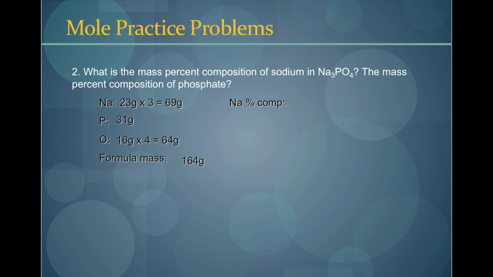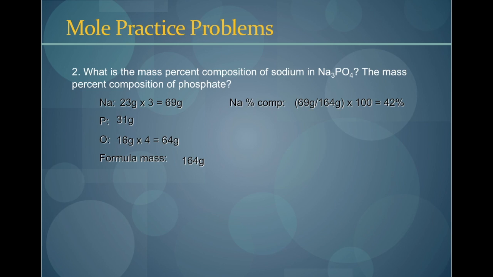So we're going to divide 69 by 164, and then since we want a percentage, we're going to multiply by 100, and that's 42%. So this compound is 42% sodium.